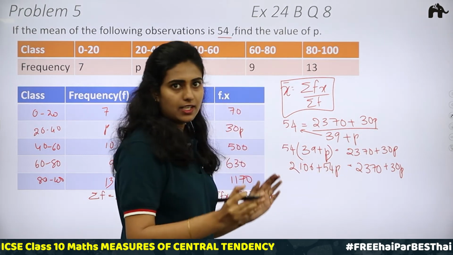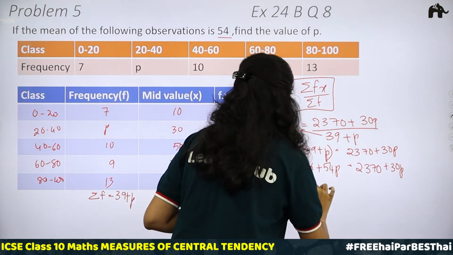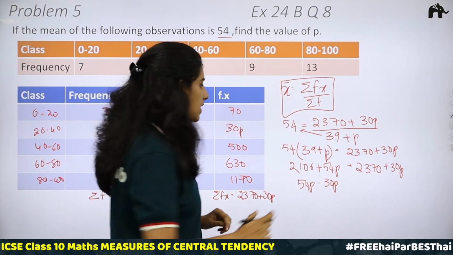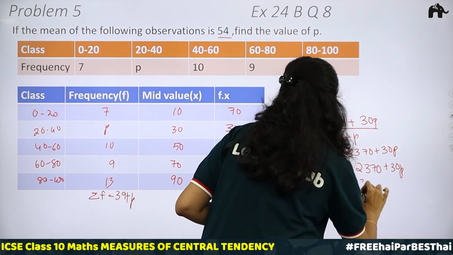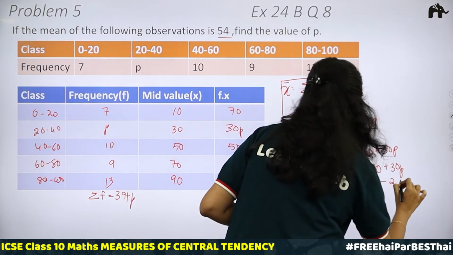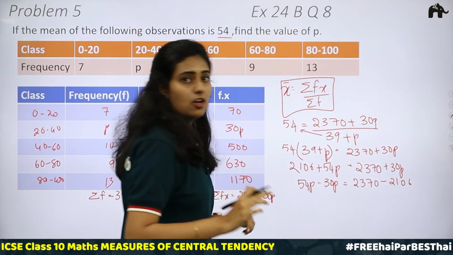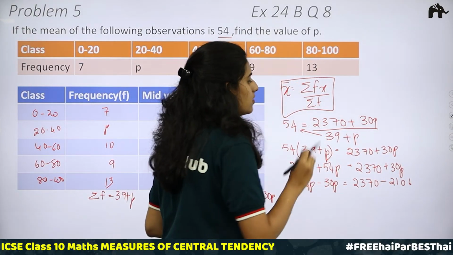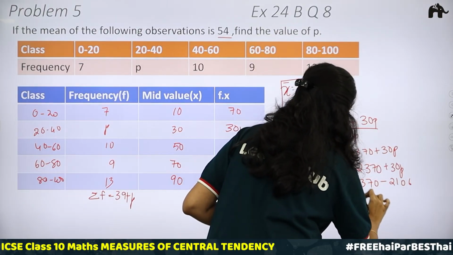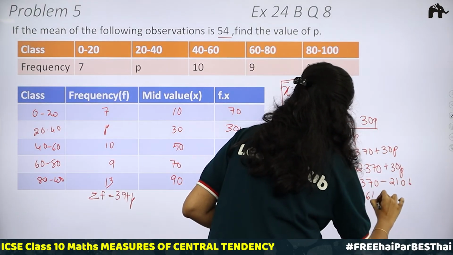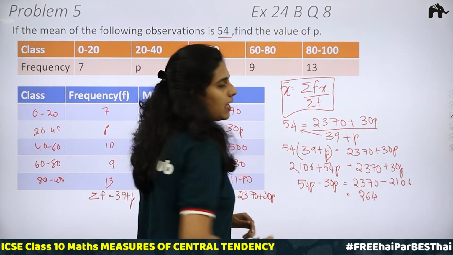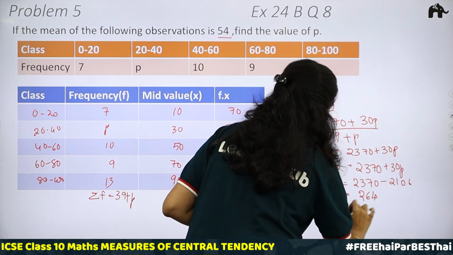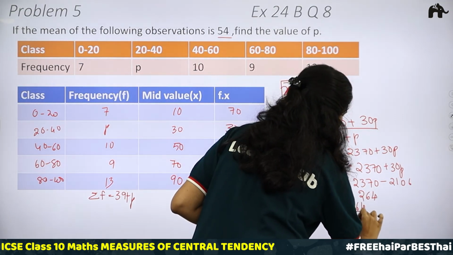Now take all the p containing terms to one side. 54p minus 30p, plus 30p becomes minus 30p, is equal to 2370 minus 2106. On subtracting, what do we get? 2370 minus 2106 is equal to 264. 54p minus 30p is 24p. Then p will be equal to 264 divided by 24.